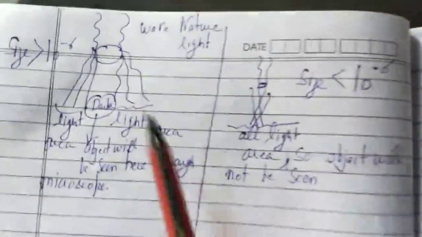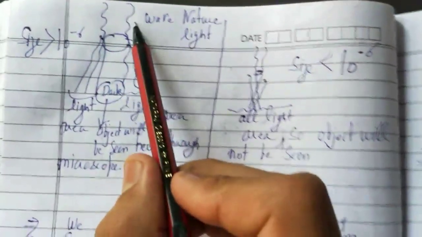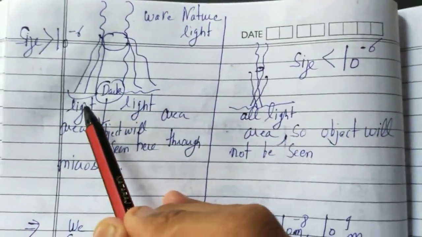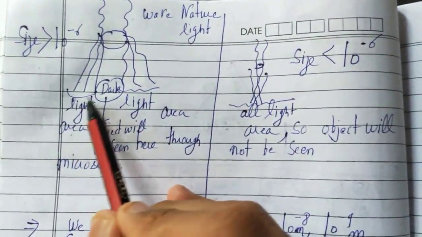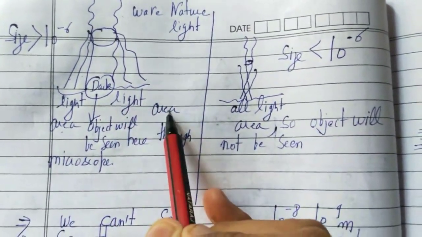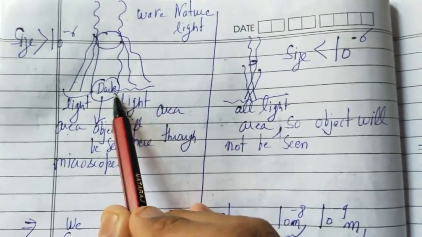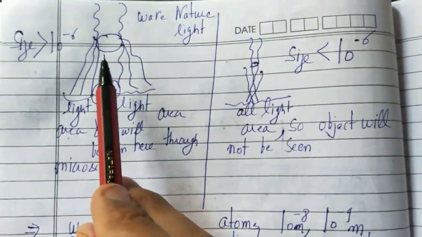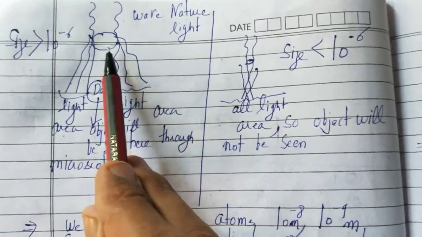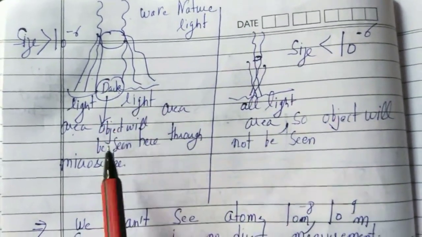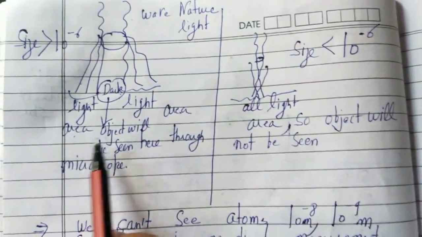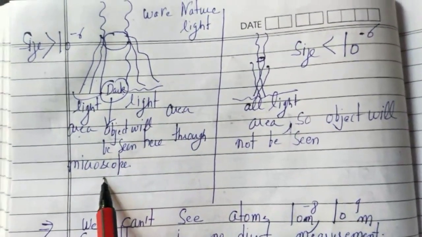So this dark area gives information about the object placed under the microscope.